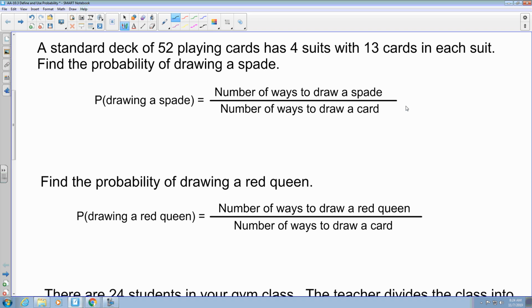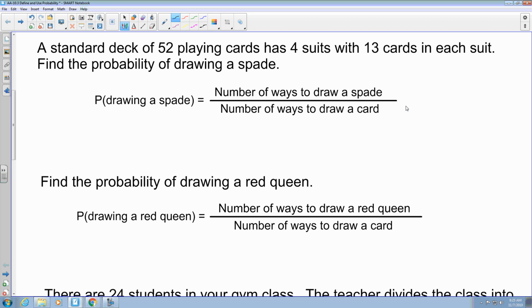For this first question, it says a standard deck of 52 playing cards has 4 suits with 13 cards in each suit. They want you to find the probability that you are going to draw a spade. In this case, there are 13 cards that are spades.